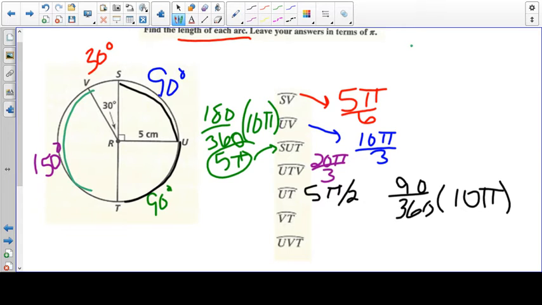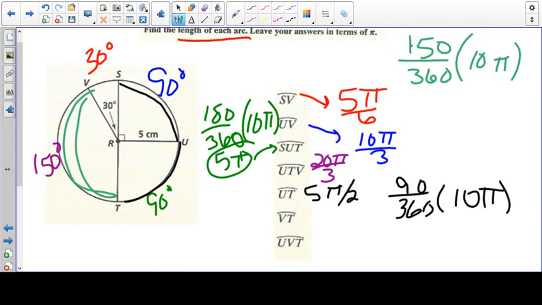VT is this 150 part. So I have 150 over 360 times 10 pi. So that gives me 150 divided by 360 times 10. Not a pretty answer, so we're going to change it to a fraction. And that one's going to be 25 pi over 6.